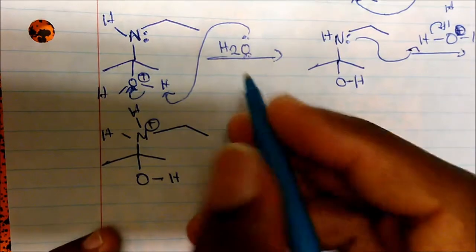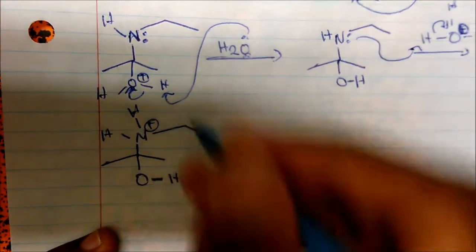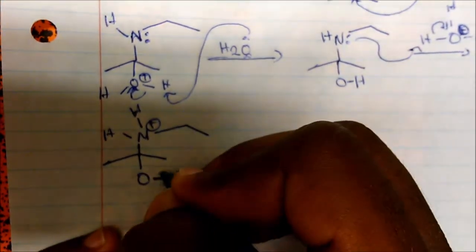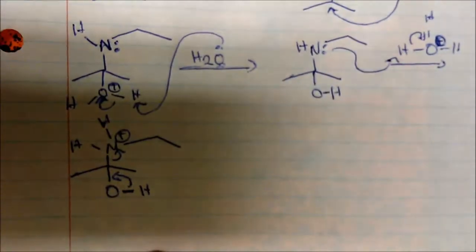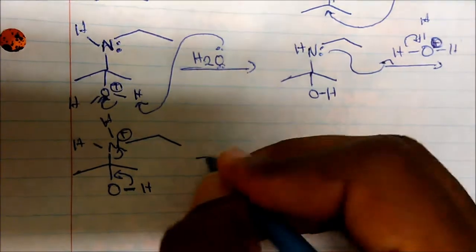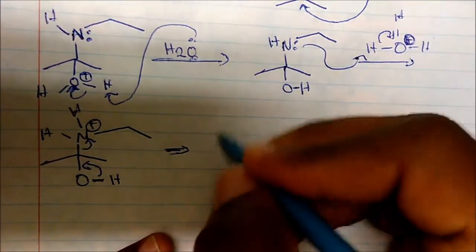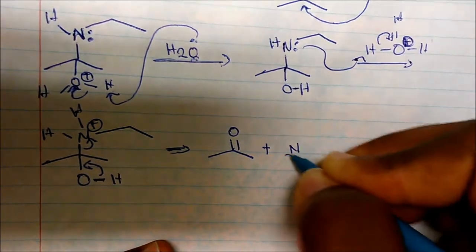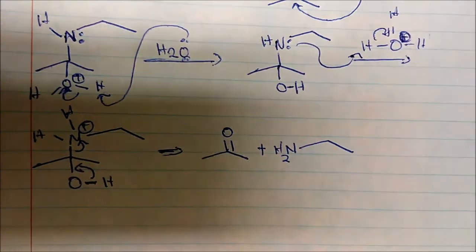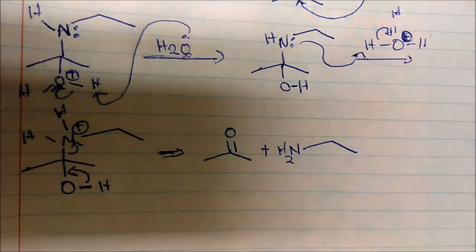Now, the last step of the mechanism, the bond between the oxygen and the hydrogen will come in, form a double bond, and expel ethylamine. And so we find the products to be acetone plus ethylamine. So we just hydrolyzed it.